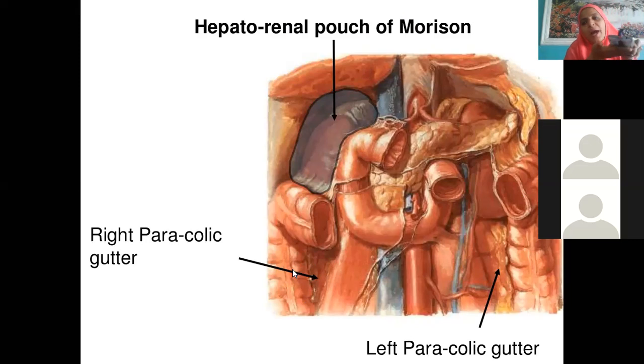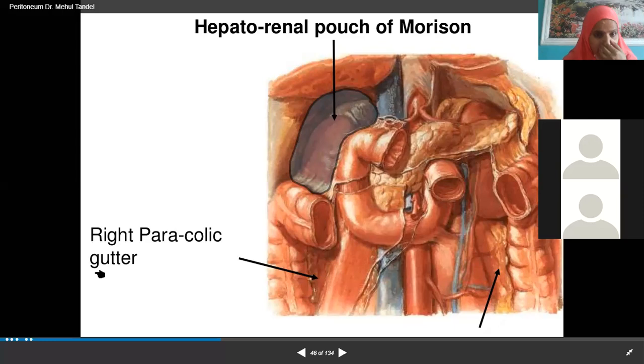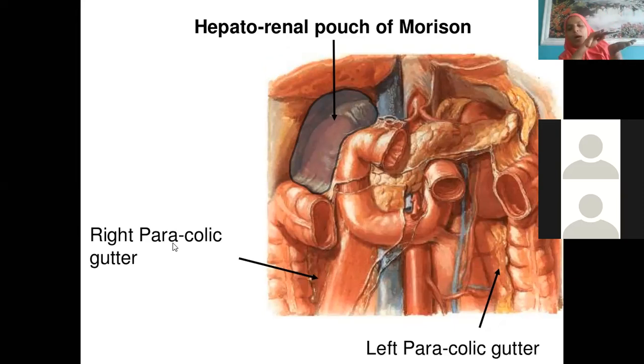Suppose this is the colon. Under the surface of the colon, you will have empty space, which are actually called gutters. Because it is found on the right side, you call it the right paracolic gutter. Similarly, when you lift the left colon, that means the descending colon, below the descending colon also you will have so much empty space, which is called the left paracolic gutter.